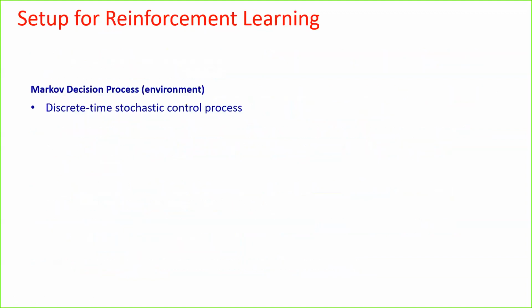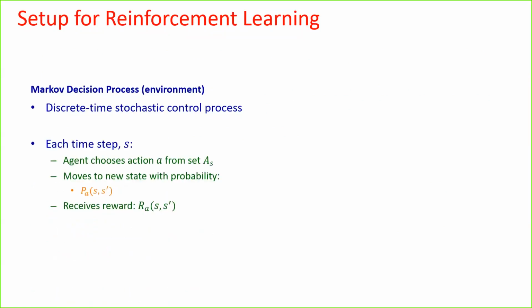So let us set up the reinforcement learning algorithm. Here we have a Markov decision process, which estimates the likelihood of future events based on the sequence of events it has observed, or the sequence of inputs it has perceived. At each time step, it moves to a new state with a probability of the action A, moving from state S to state S dash.